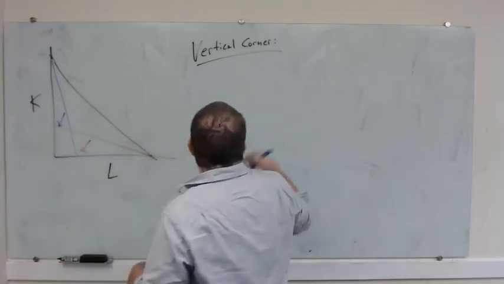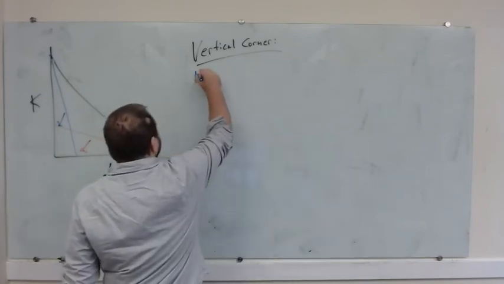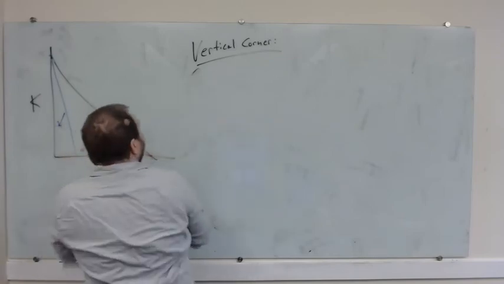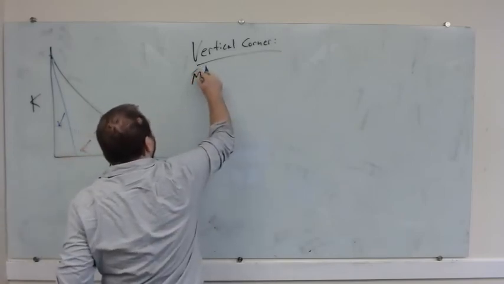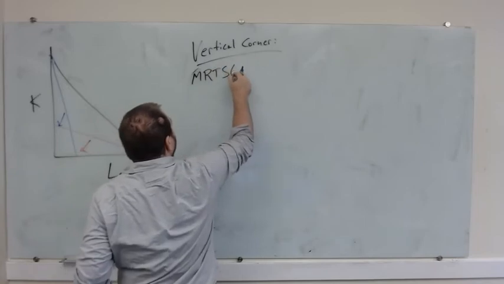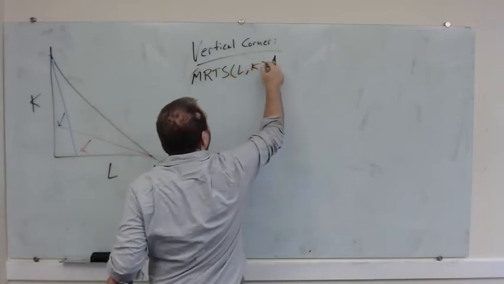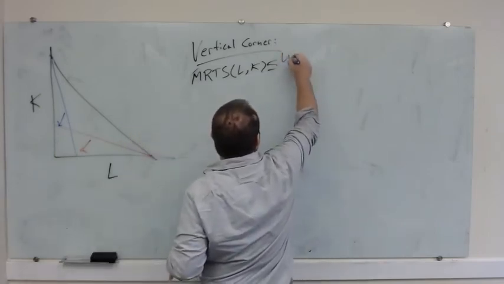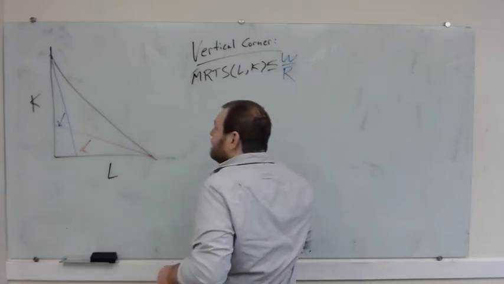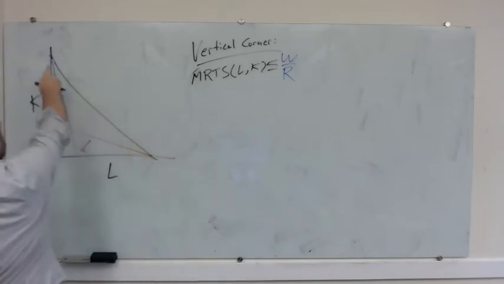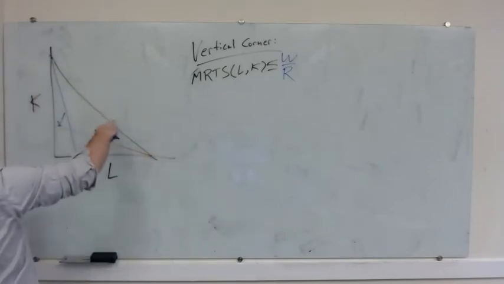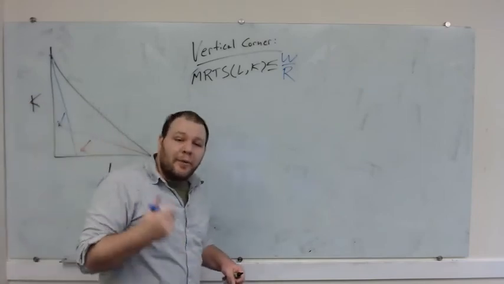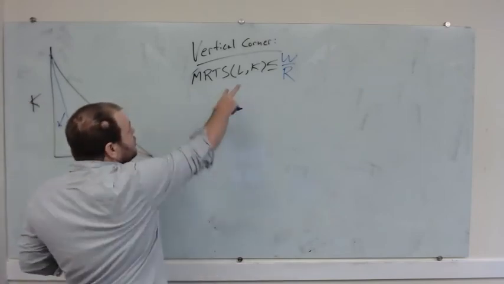We must have MRTS less than or equal to our blue cost ratio. Otherwise, our isocost curve would go above our isoquant. There'd be something better.